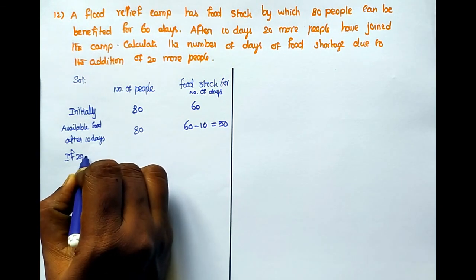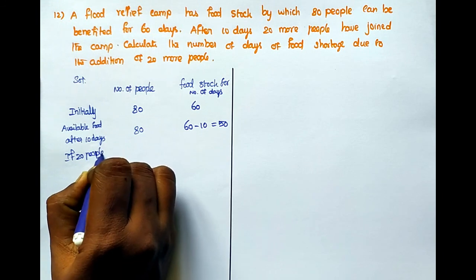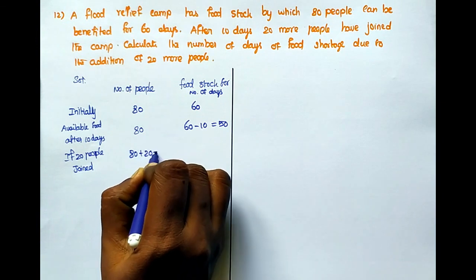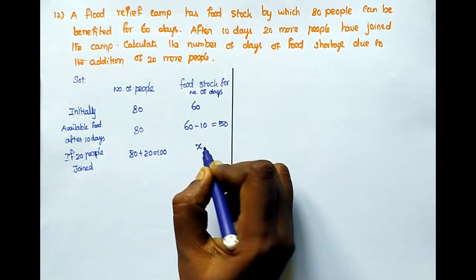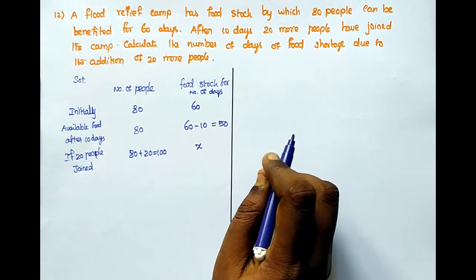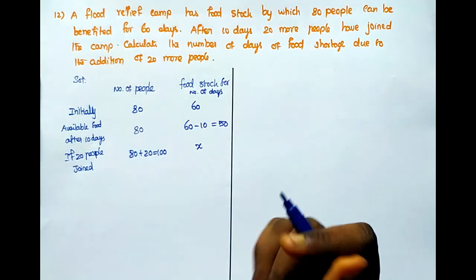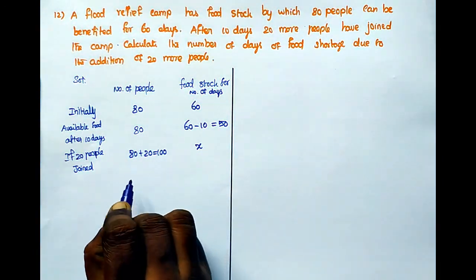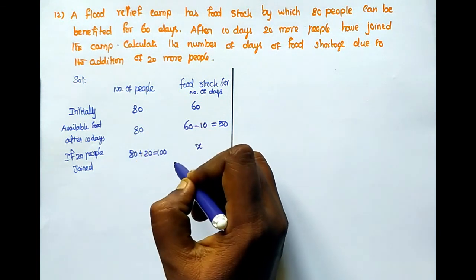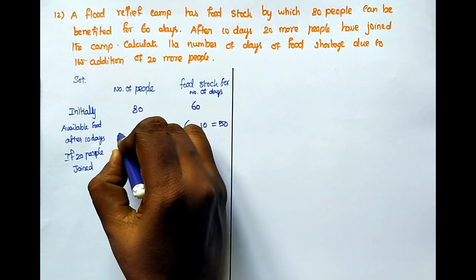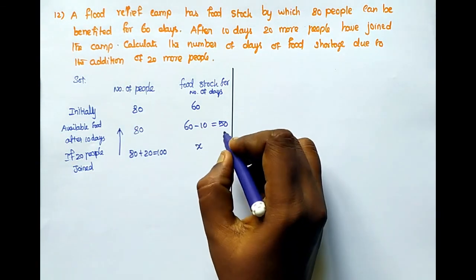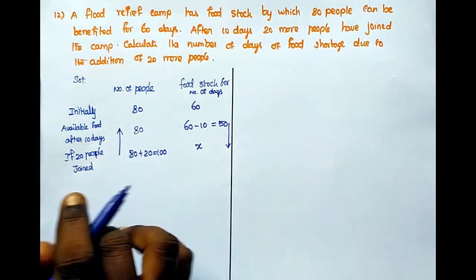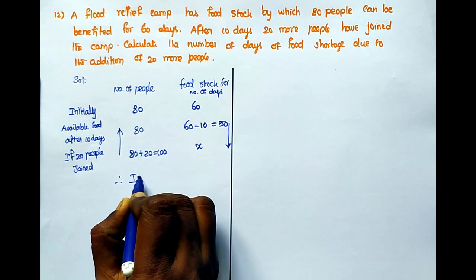If 20 people joined, that means 80 plus 20 equal to 100. The food shortage we can find out from that. Listen, 80, 100. The number of people increases, food stock decreases. Take these two parts only, that is inverse proportion.